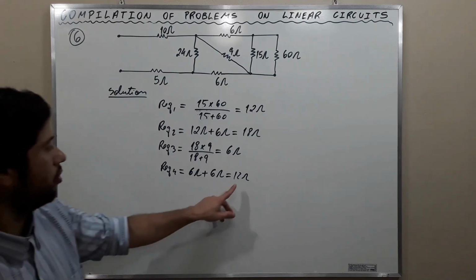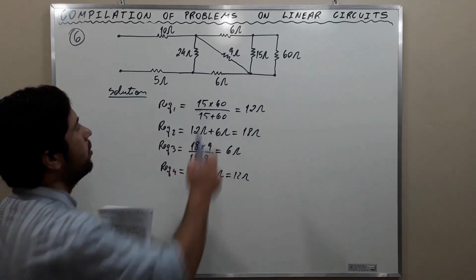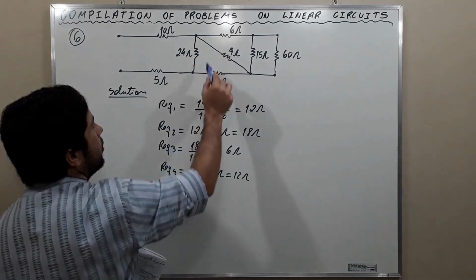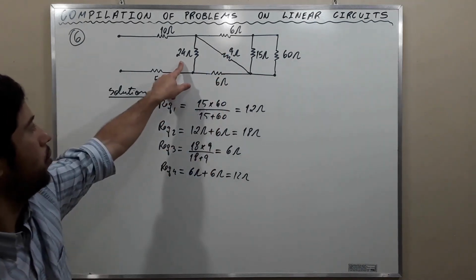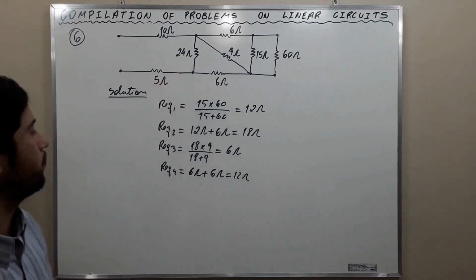And this 12 ohms will be from here to here, and thus in parallel with this resistance here.